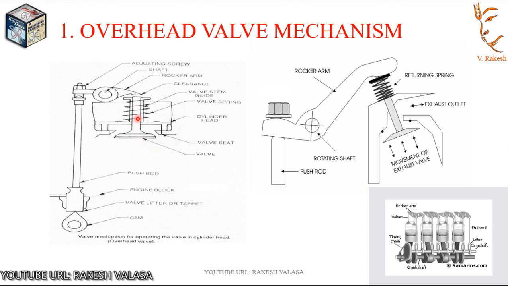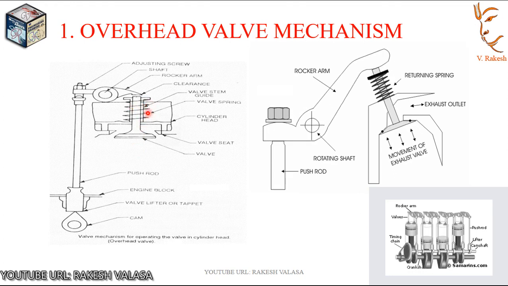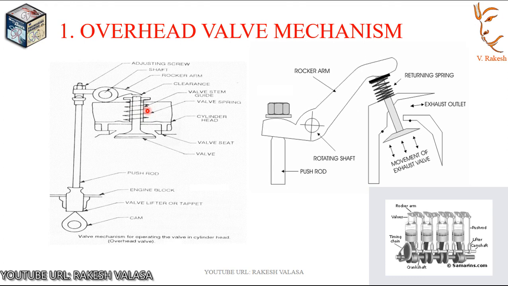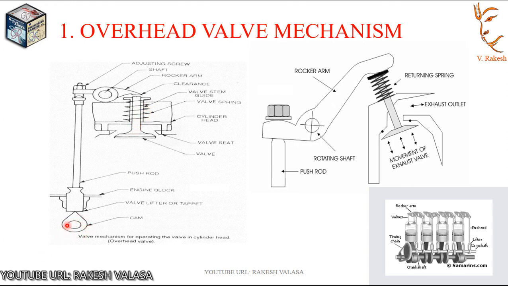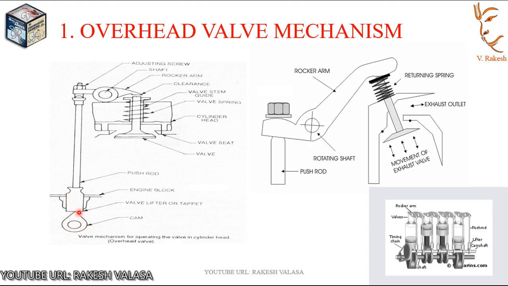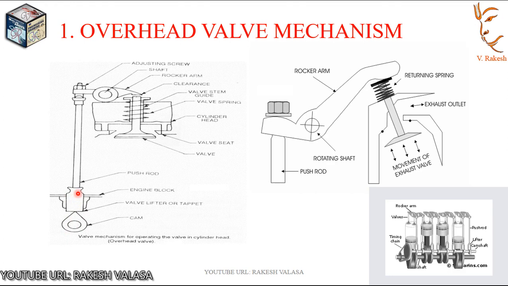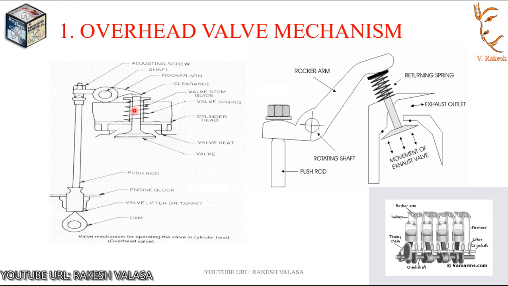The opening of the valve puts the valve spring in compression. See here, this is the valve spring. When this cam rotates further, the cam lobe loses contact with the tappet, and compression in spring lifts the valve and pushes the tappet up.